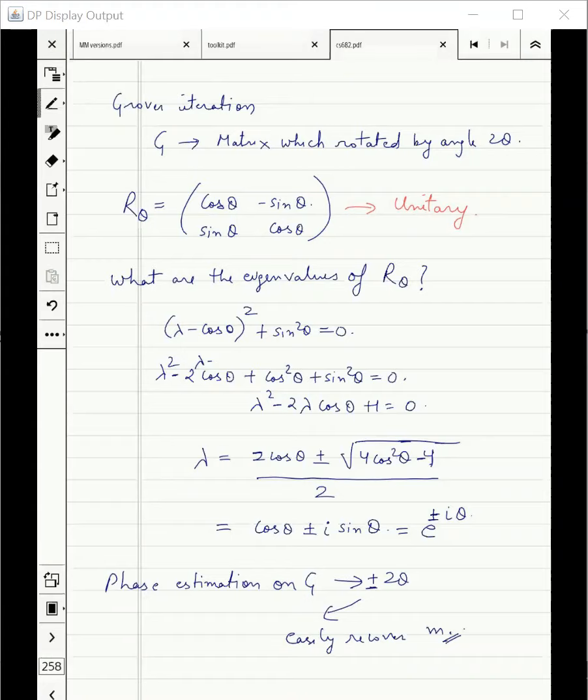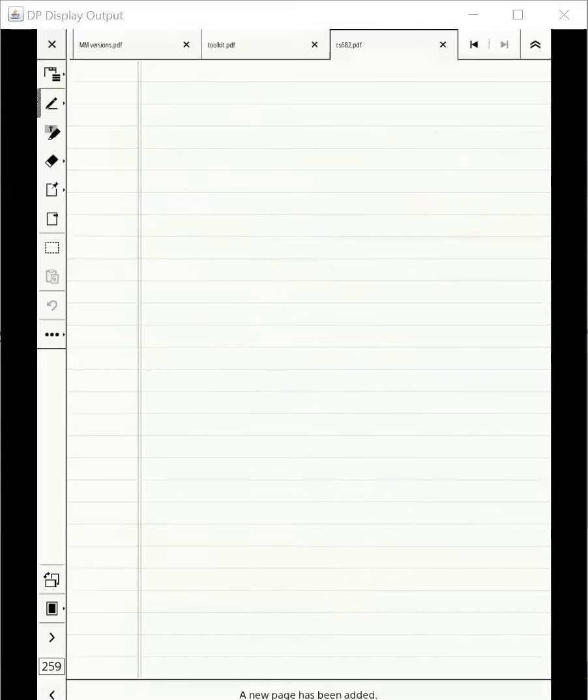Good. That sounds good, but then what did we need to apply phase estimation? First thing was, can we apply the unitary itself and powers of it? Yes, that we saw last time. All these G squared, G to the power 4, all these I can apply easily. That's not a problem. What else did I need for phase estimation? Eigenvectors.